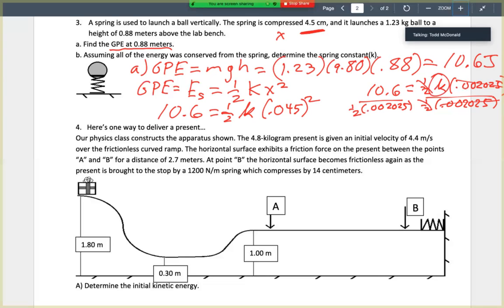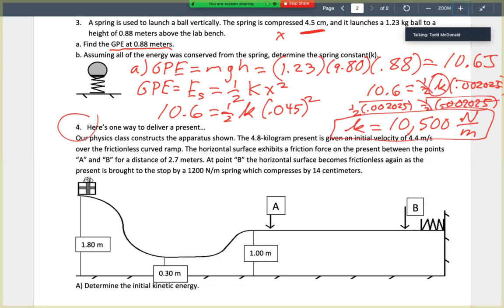So I'm going to take 10.6 divided by 0.5 divided by 0.002025. And I should get a big number here, k. I'm going to go 3 sig figs, 10,500, and the units are going to be newtons per meter. What does that really mean to us? That means if I wanted to stretch or compress the spring a full meter in displacement, it's going to take 10,500 newtons of force to do that.